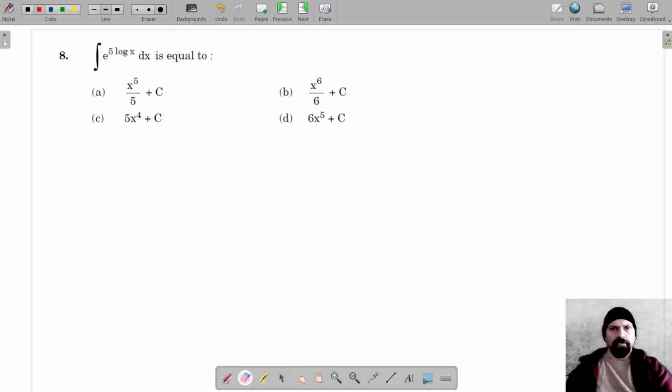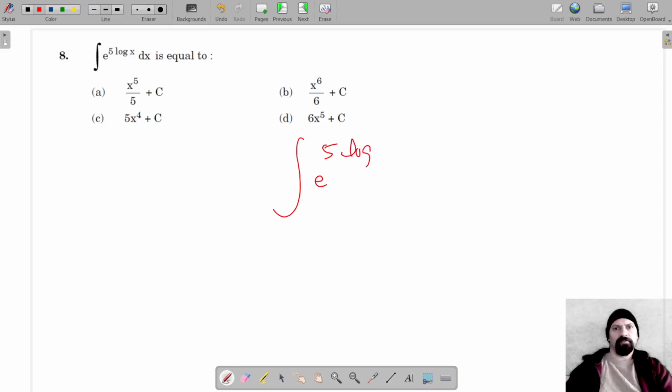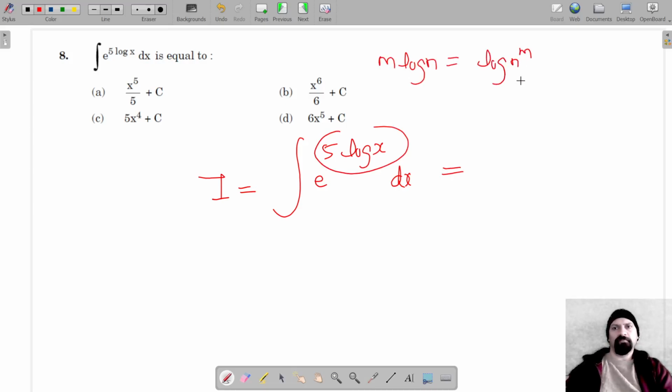Okay, for question number 8, we have to find the integration of e raised to power 5 log x dx. Let's call this integration I. This is of the form m log n, which is equal to log n raised to power m.